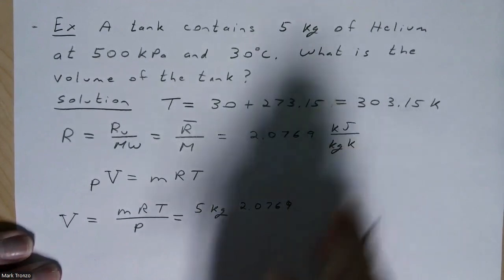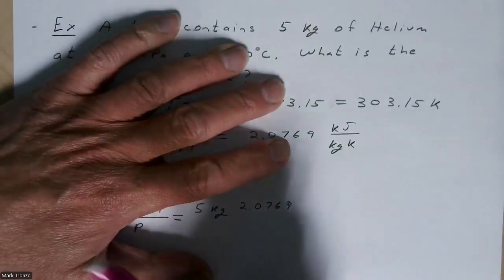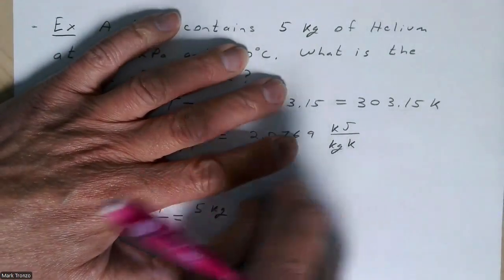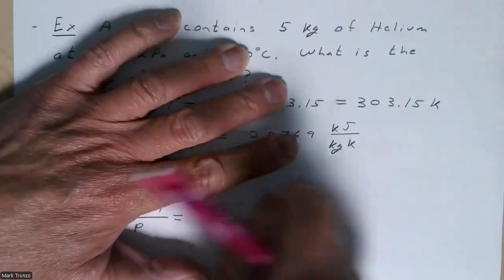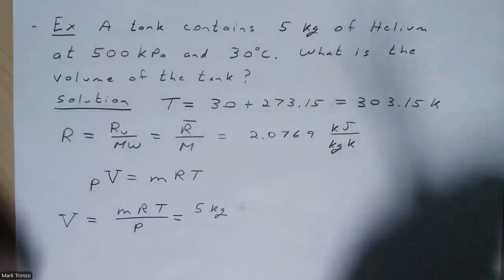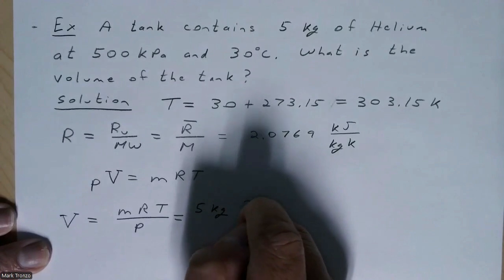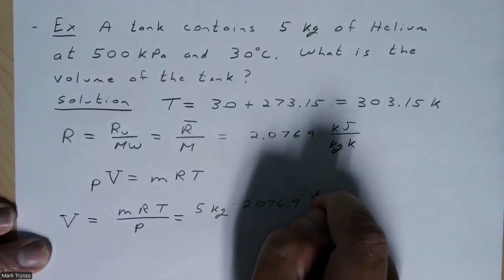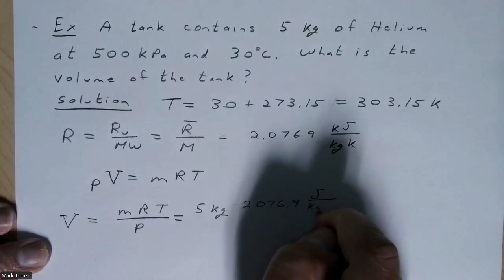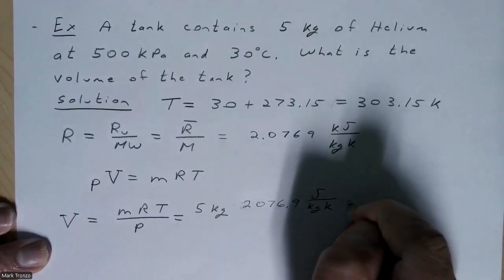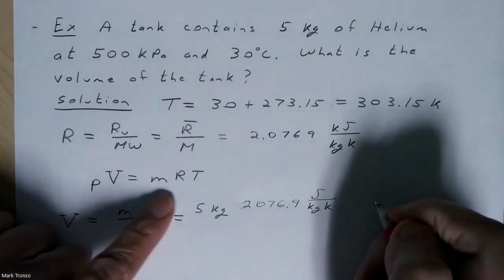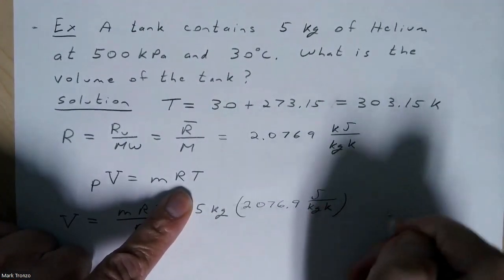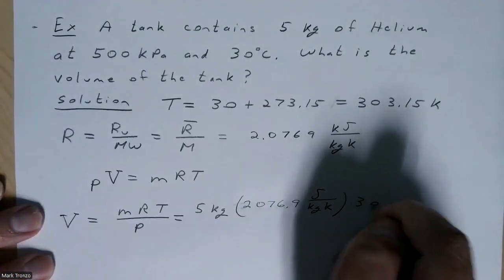I'm going to convert the kilojoules to joules, multiplying by 1,000. And then the temperature is 303.